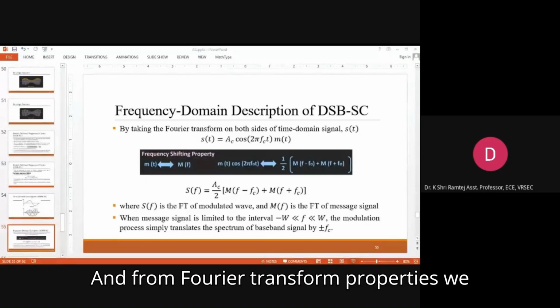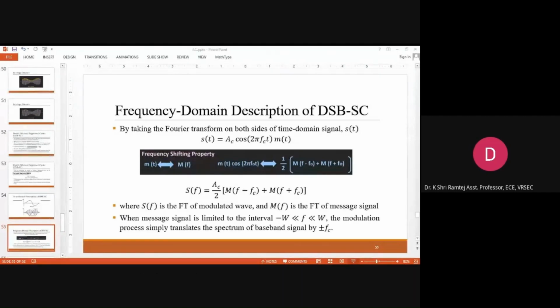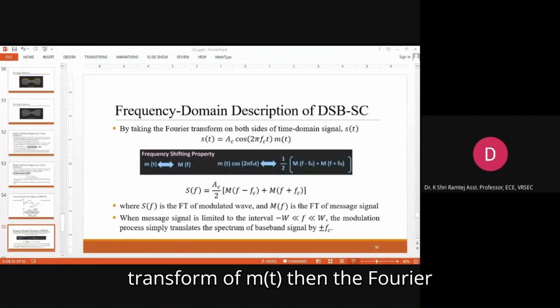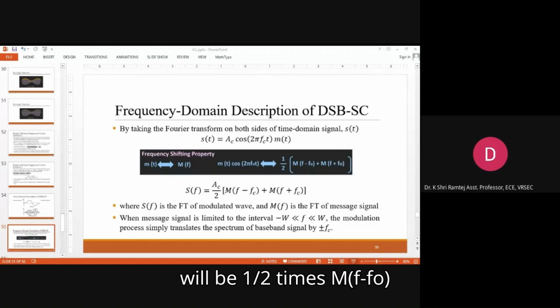And from Fourier transform properties, we know that if M of f is the Fourier transform of m of t, then the Fourier transform of m of t into cos 2 pi f naught t will be 1 by 2 times M of f minus f naught plus M of f plus f naught.